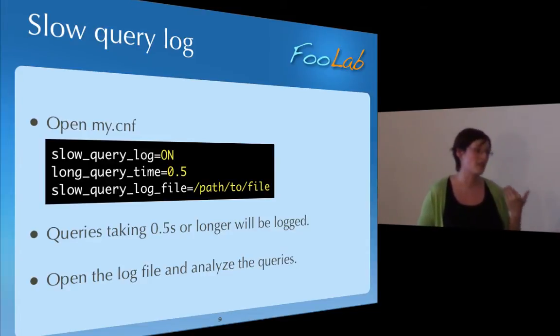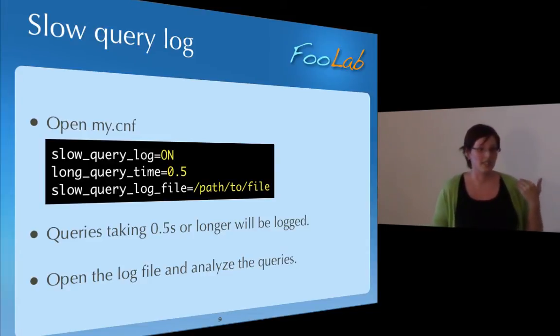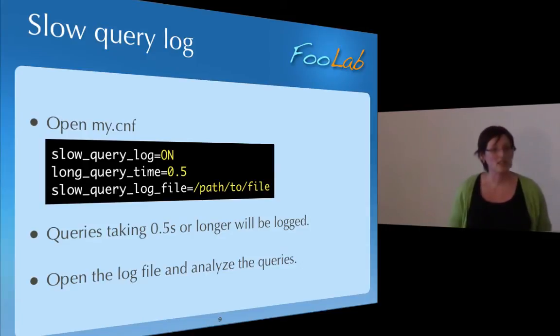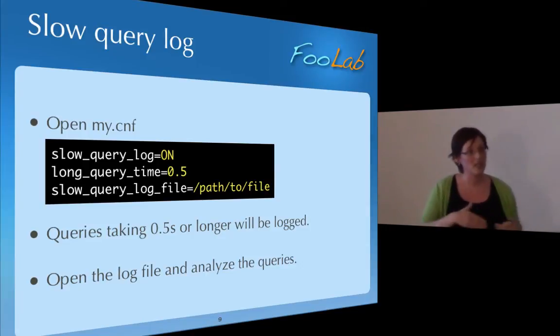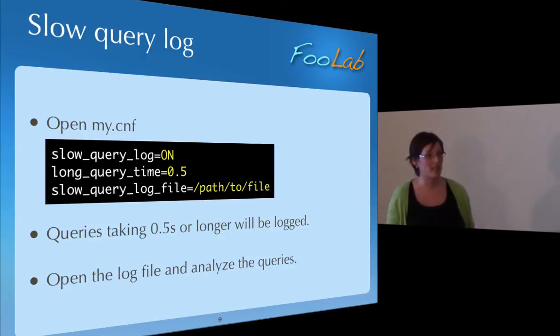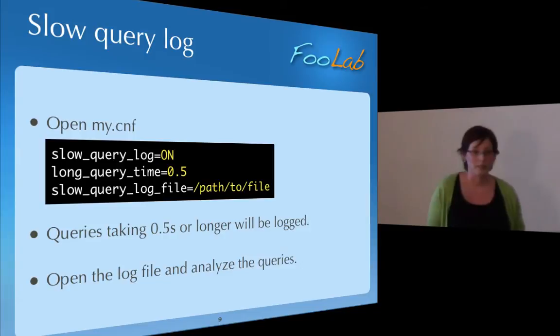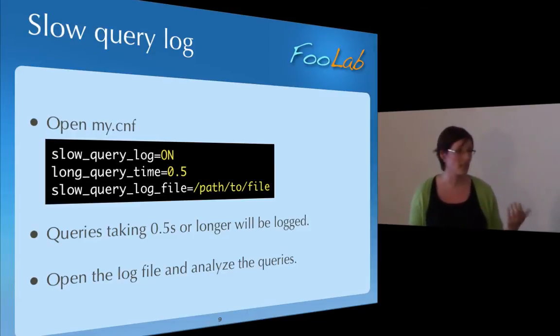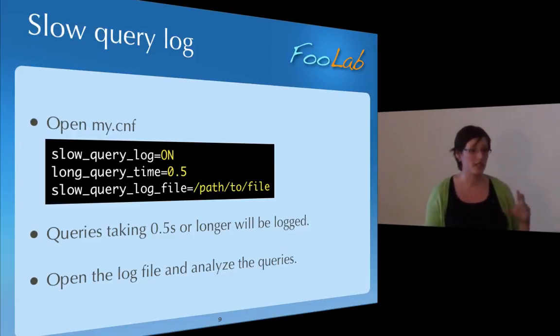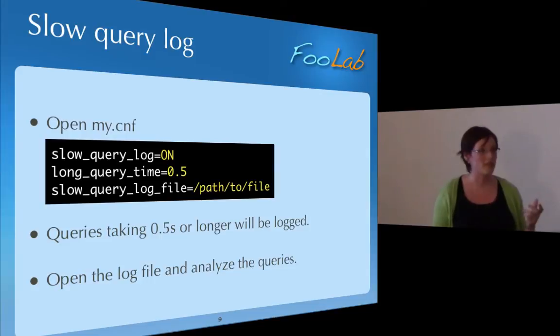If your queries take 0.5 seconds, it's quite slow still in most cases, but at least if you see that something is above that, then you obviously have a problem and you have to investigate. So it gives you the biggest problems first, and once you eliminate that, you can lower the threshold and continue testing. And then you set the path to where you want to save the file.